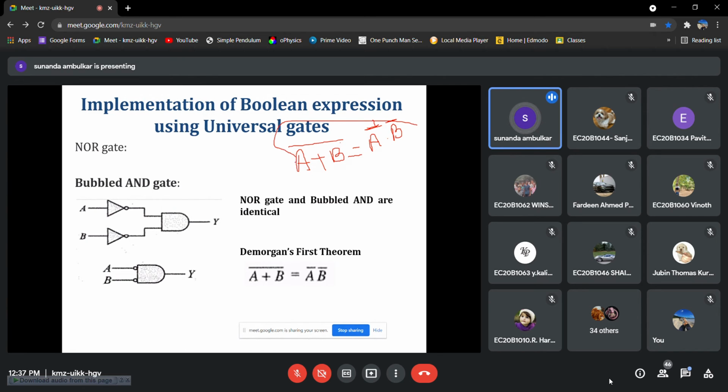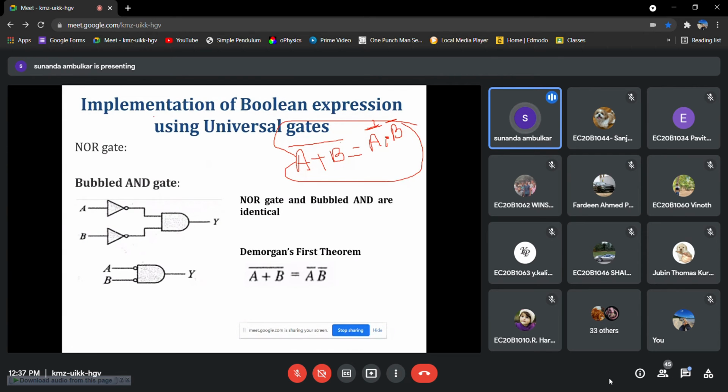So according to this, this is the product, and the product is indicated by which gate? The AND gate. So if complemented inputs are given as the input of the AND gate, the output of the AND gate will be equivalent to the NOR operation.